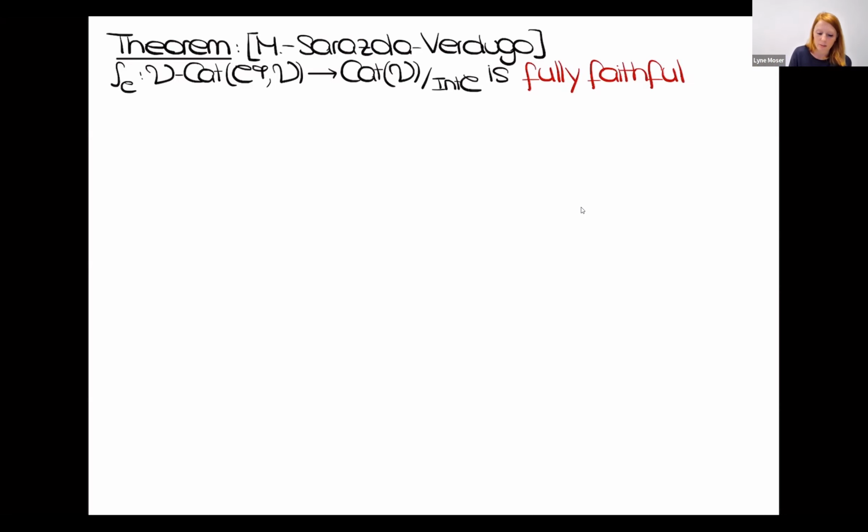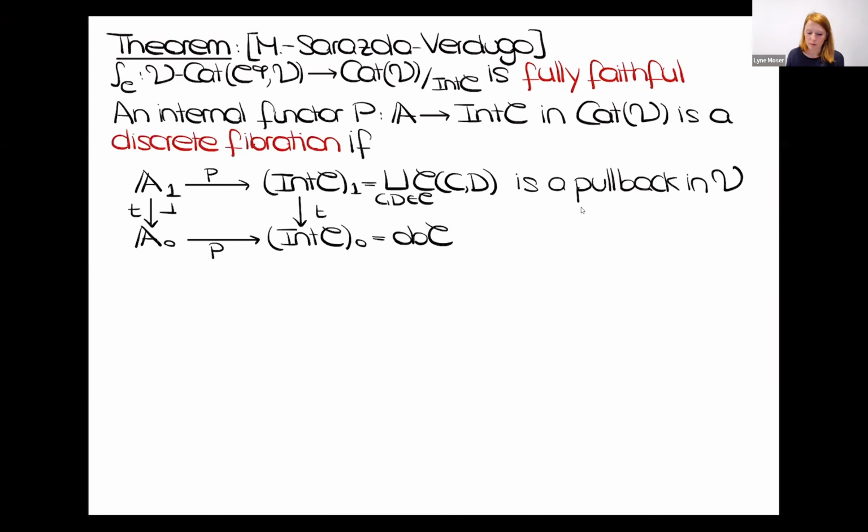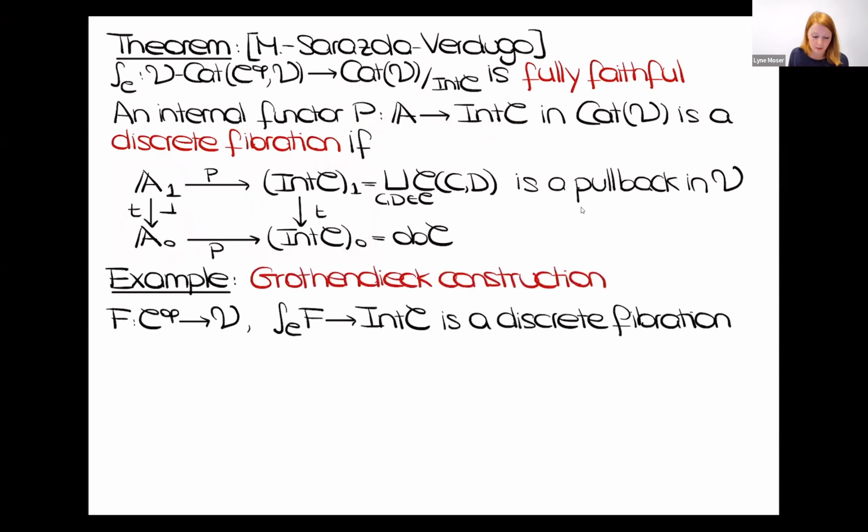And so for this, we can formulate a definition of a discrete fibration using this pullback description that we have seen at the beginning. Namely, we say that an internal functor from A to the internalization of C is a discrete fibration if the target map from A1 to A0 is a pullback of the target map from the morphisms in C to the objects of C. And so an example of this discrete fibration is, of course, the Grothendieck construction again.